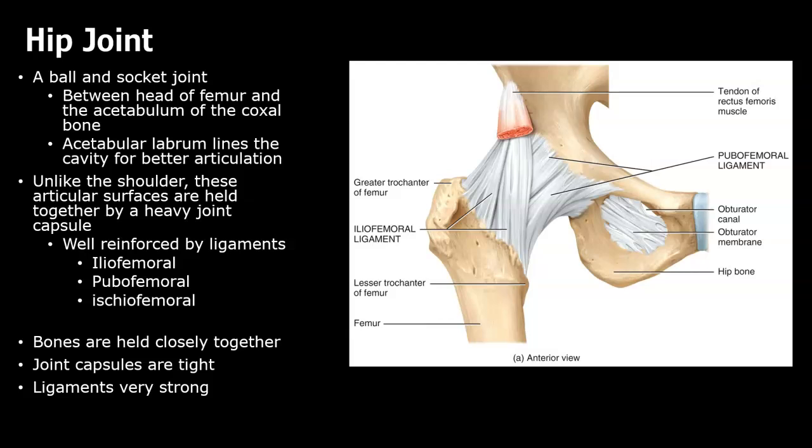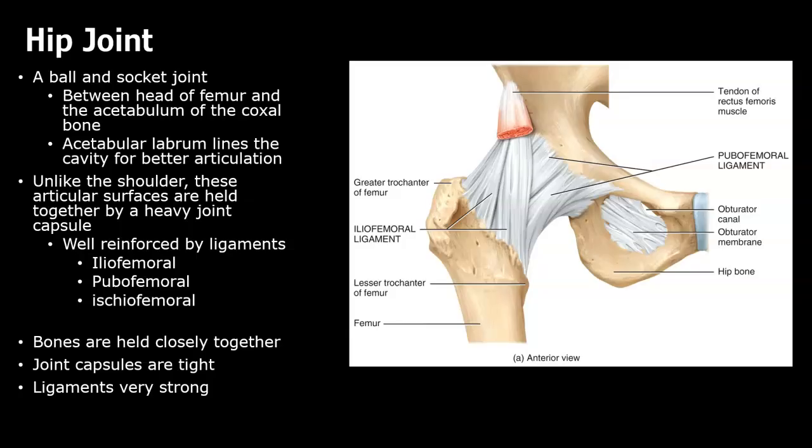Moving on to the hip joint. This is going to be another ball and socket joint. It's going to be found between the head of the femur and the acetabulum of the coxal bone. The acetabular labrum is going to line the cavity for better articulation. Unlike with the shoulder, these articulation surfaces are going to be held together by a heavy joint capsule.